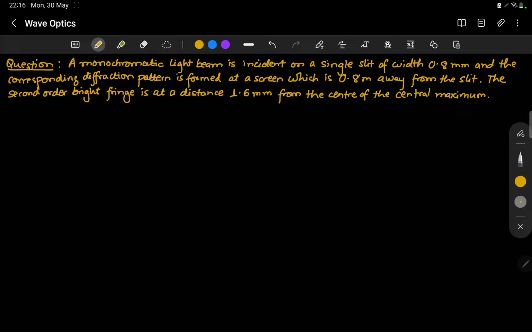The question asks, what is the wavelength of the incident light beam?